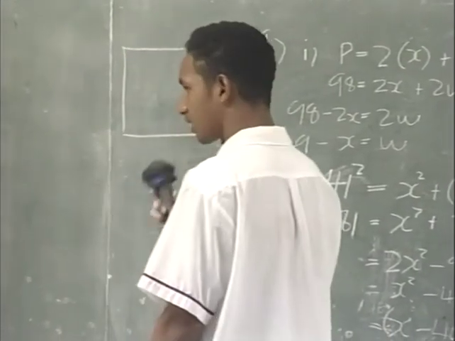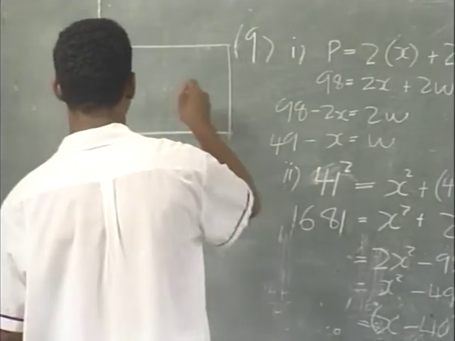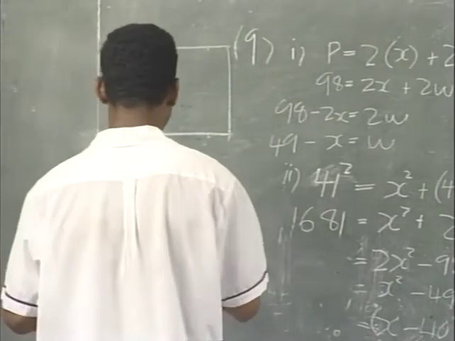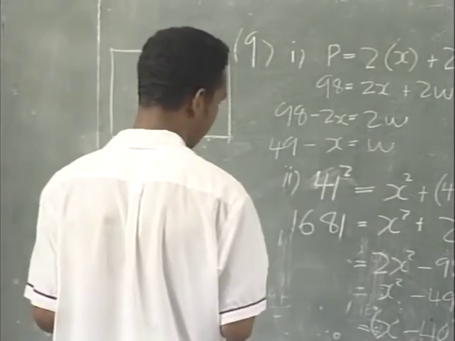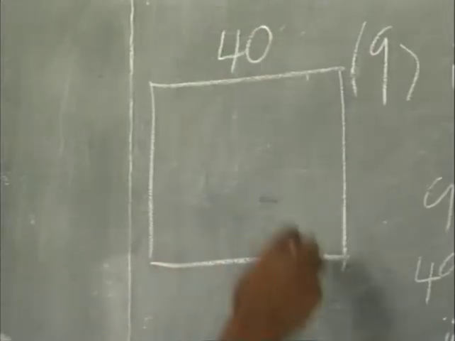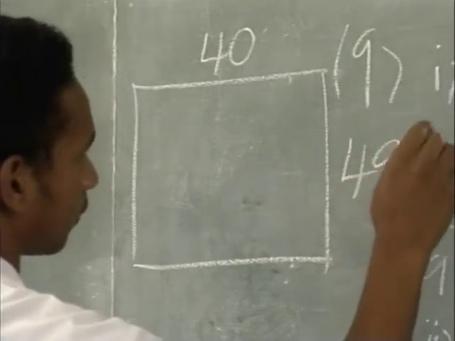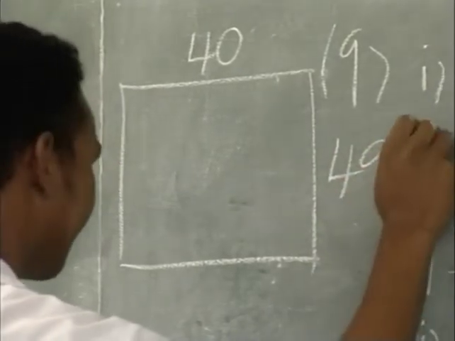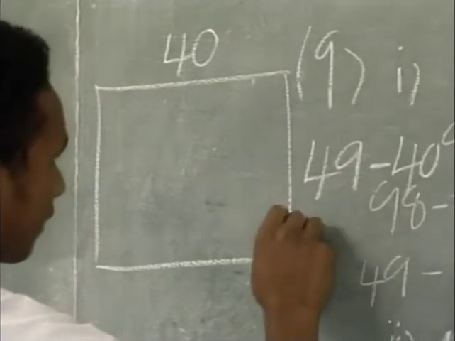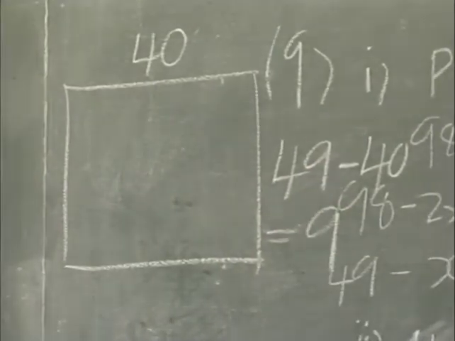And calculate the area of the rectangle. Length equals 40. And the width is equal to 9.